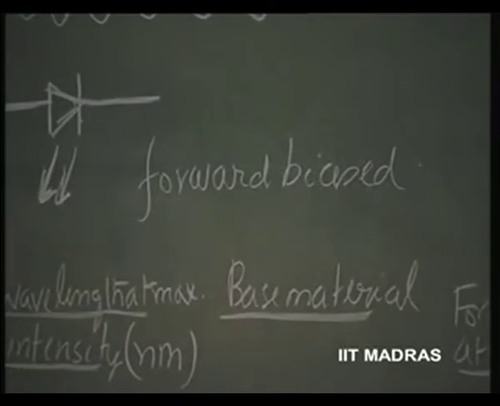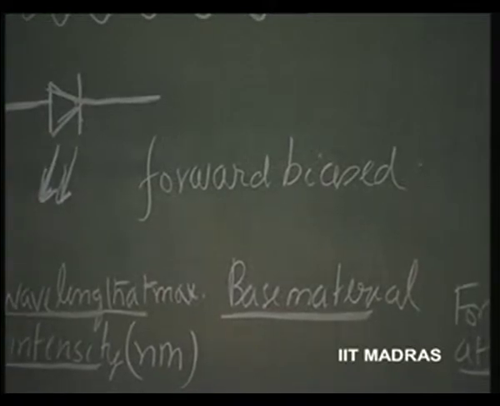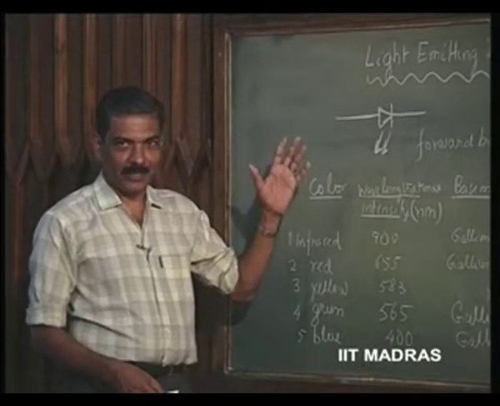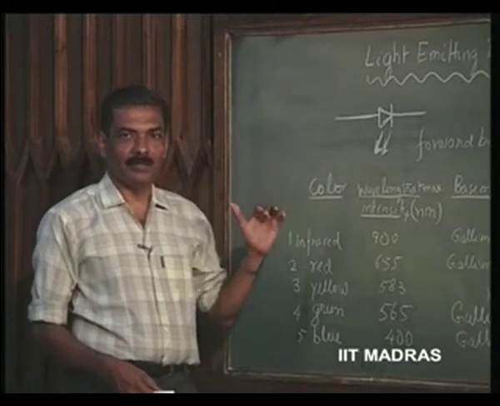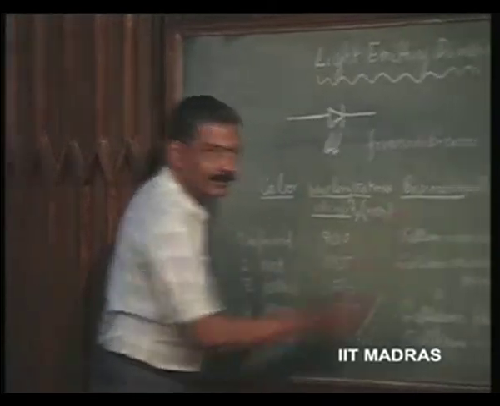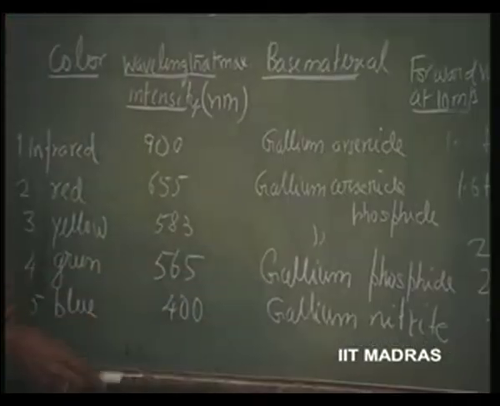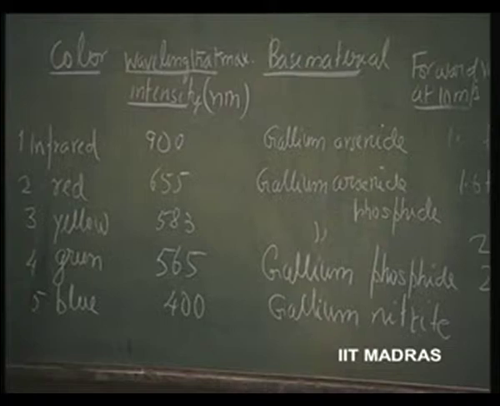But such a diode is not a silicon diode. It is made out of not a group 4 element, which is silicon, but a 3,5 compound, which is called gallium arsenide or gallium arsenide phosphide or gallium nitride, gallium phosphide.